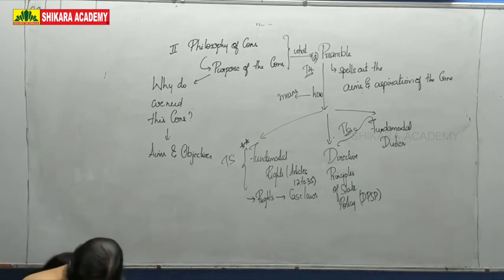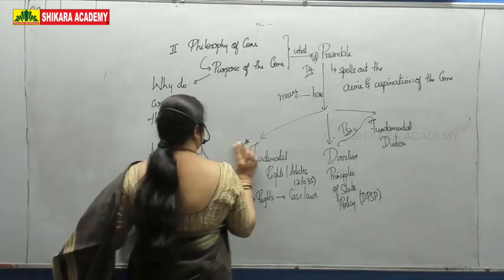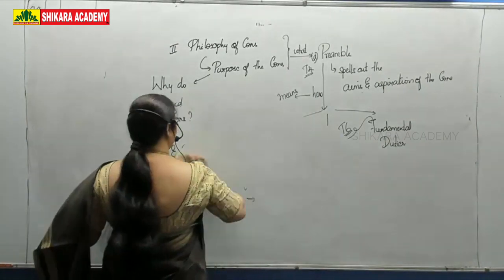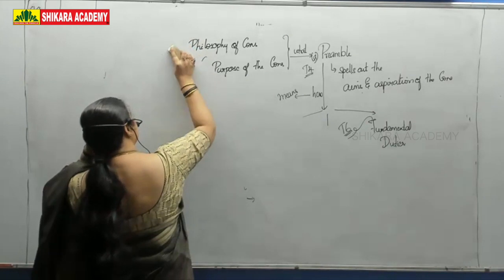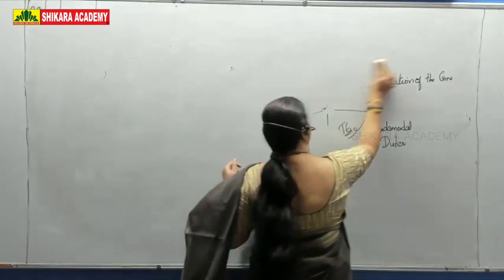Now, see, first we started with understanding how the Constitution came into existence. Then we are going to understand what is the purpose of the Constitution and how it will be achieved.